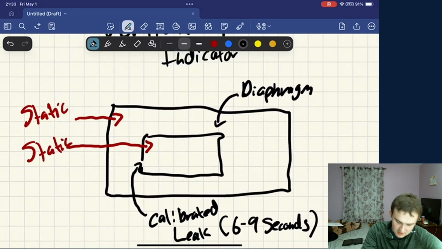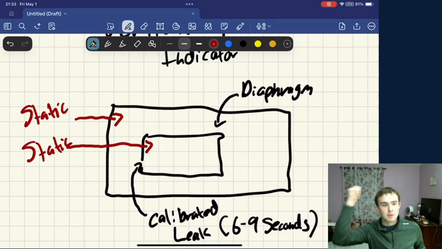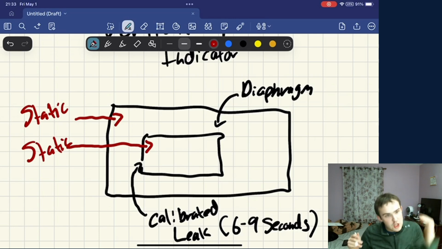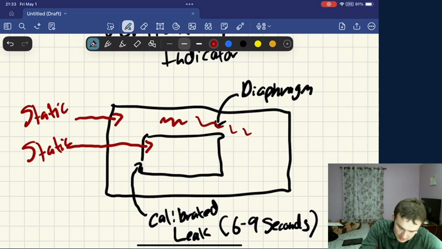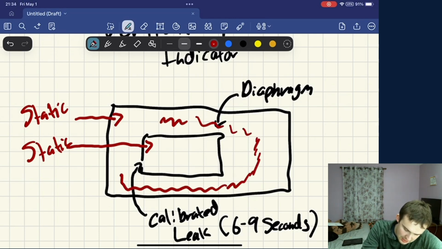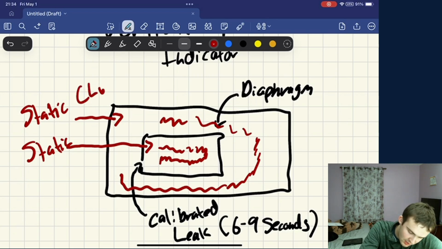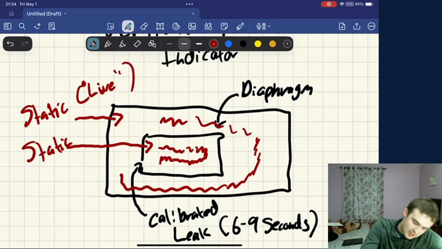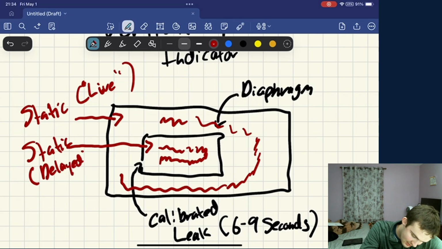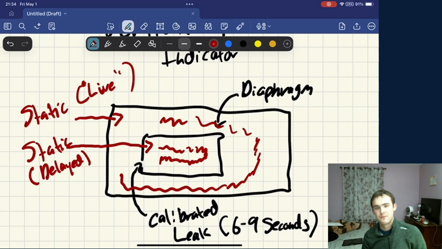And what that means is, so we've got, let's say, boom, we've just started putting air in here. We're just putting all this air in at once. We've got a bunch of air out here, and we've got a bunch of air in here. The air coming into the outside of the casing, we're going to call live air. And the air coming into the diaphragm, we're going to call delayed air, in quotes.